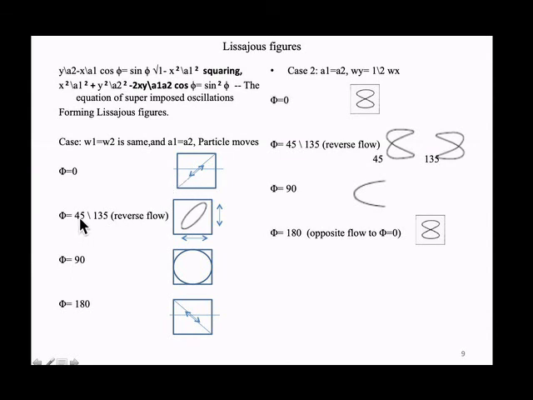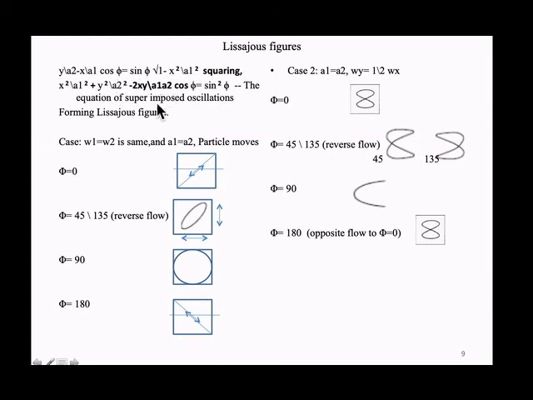Suppose it is at 45 degrees, so let us see, here is a horizontal line, here is a vertical line, then this will be a by root 2. This intersection will be a by root 2, and this is minus a by root 2. So when x is 0, suppose you put it here, phi is 45. Sin 45 is 1 by root 2, and a is the same, so a1 and a2 are the same.